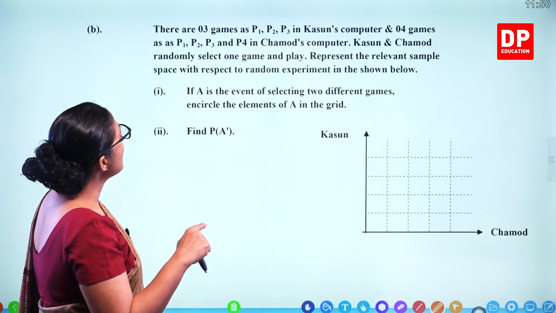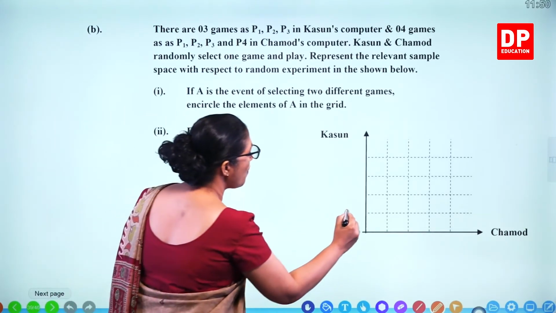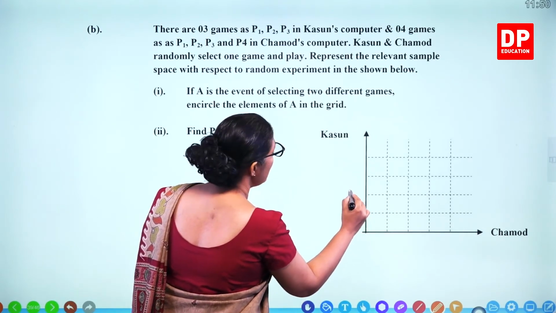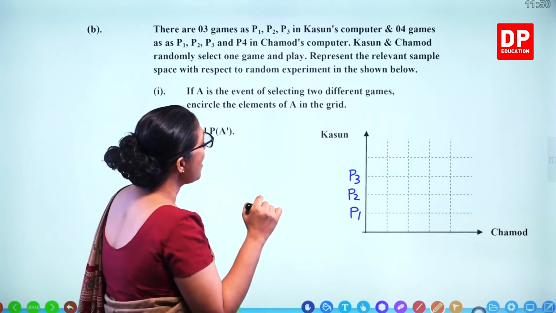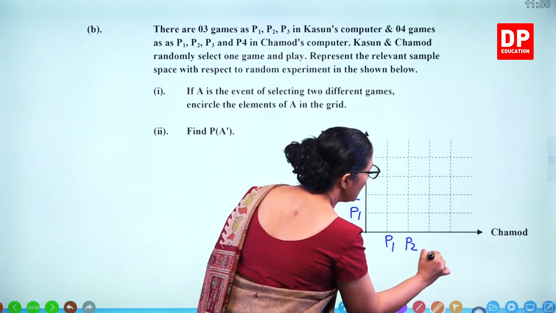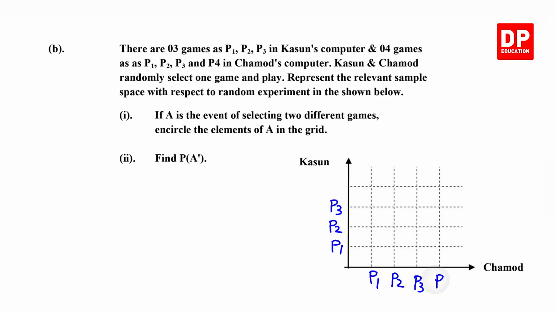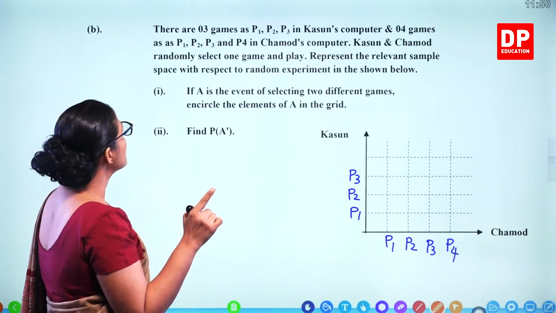So there are 3 games P1, P2, P3 in Kasun's computer and 4 games P1, P2, P3, P4 in Chamod's computer. So represent the relevant sample space.